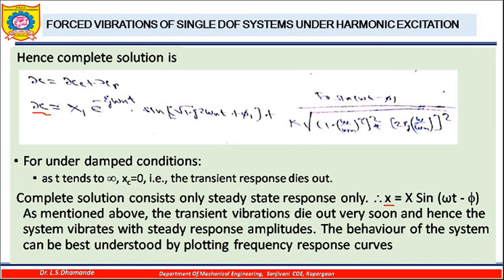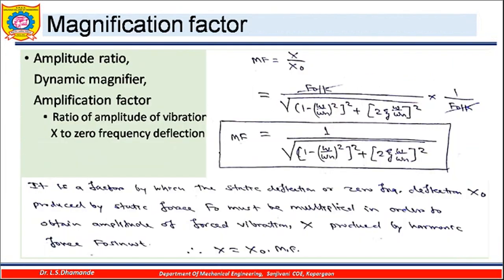For that, you have to understand one important term called the magnification factor, or amplitude ratio, or dynamic magnifier, or also amplification factor. Simply it is the ratio of the amplitude of vibration x to the zero frequency deflection x0. So I take the ratio x by x0, where x is the amplitude of vibration and x0 is the zero frequency deflection.